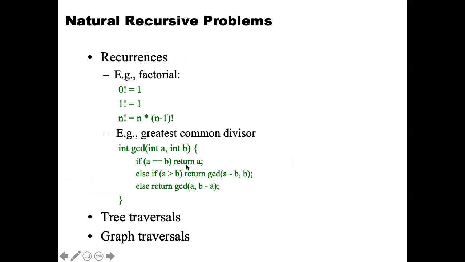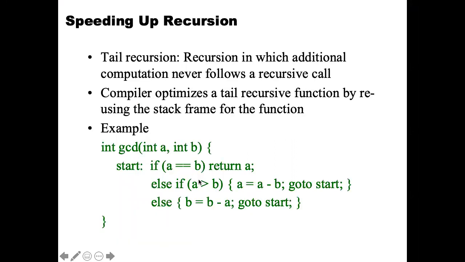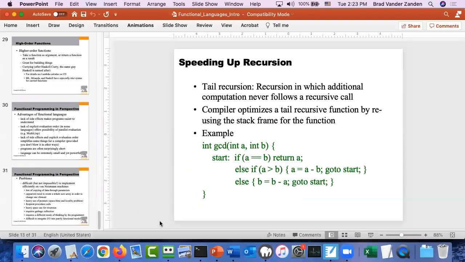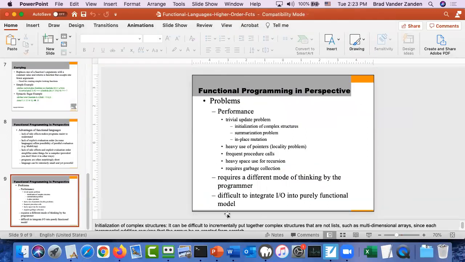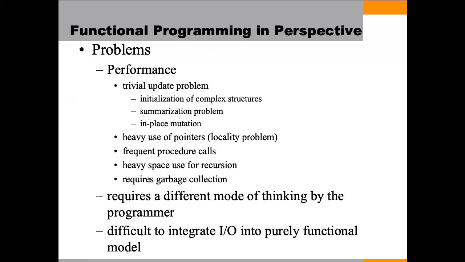So you write a perfectly recursive version of greatest common denominator with 2 recursive calls to GCD. Here's how the interpreter translates it. It is not recursive at all. It looks like an imperative program with go-to statements. So that is the functional language interpreter basically using optimizations to improve performance.